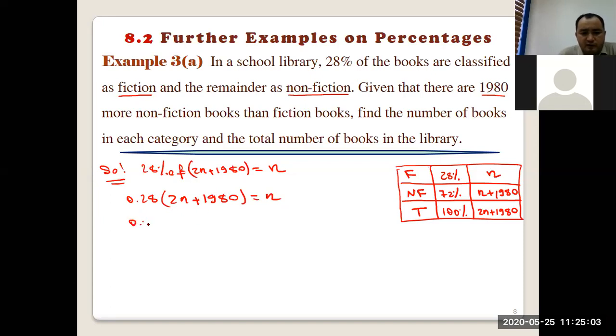This one is 0.56n plus 0.28 times 1980, that's equal to 554.4. On the right hand side, we have n, right?